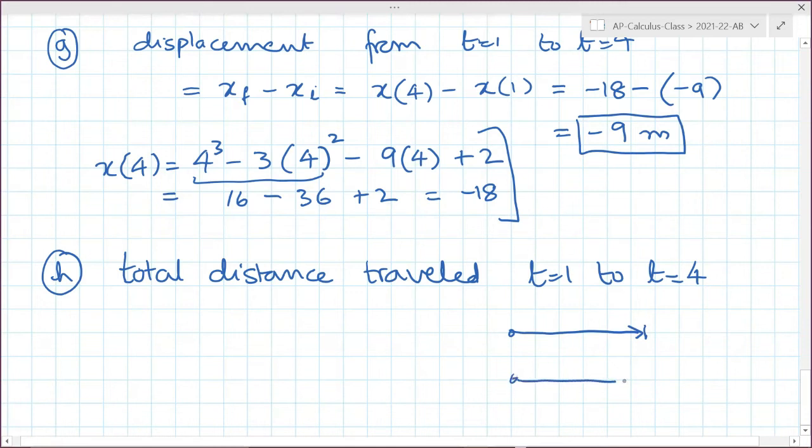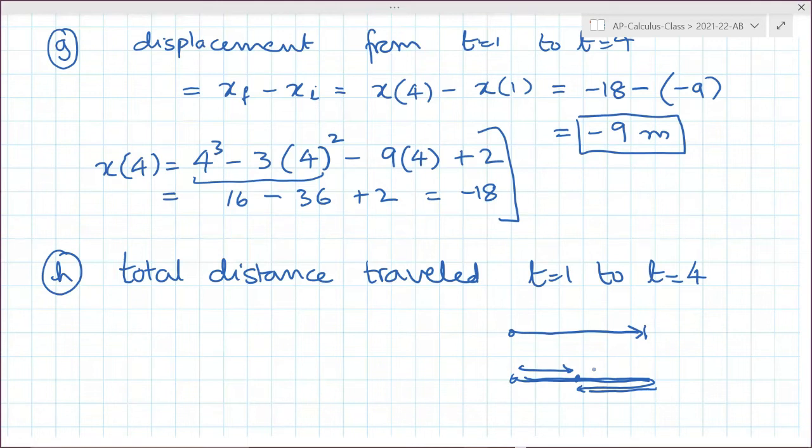But if you went like this and then came back here, now displacement is this, but distance will be this plus that. Displacement only looks at your initial position and final position. But distance will take, if you went forward and backward, then you travel the distance both ways. Even if you're coming back, you're covering distance.